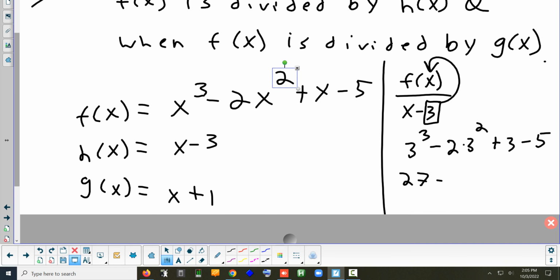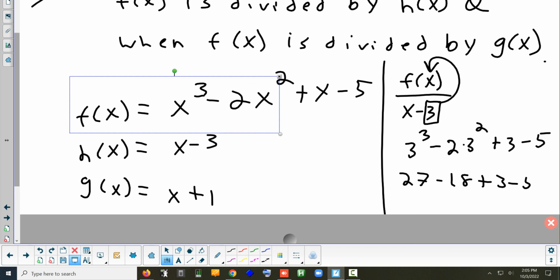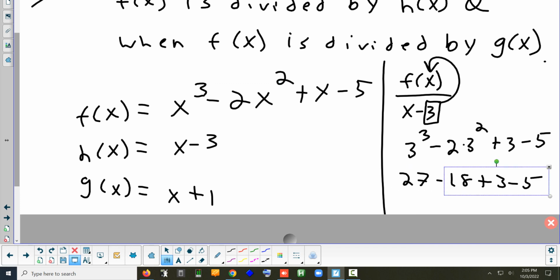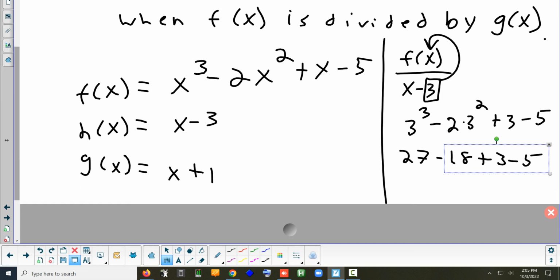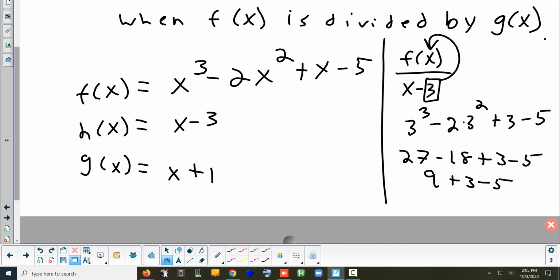And what's 9 times 2? 18. Plus 3 minus 5. 27 minus 18, what's that going to give me? 9. Yep, it gives me 9 plus 3 minus 5. What's 9 plus 3? 12. And what's 12 minus 5? 7.